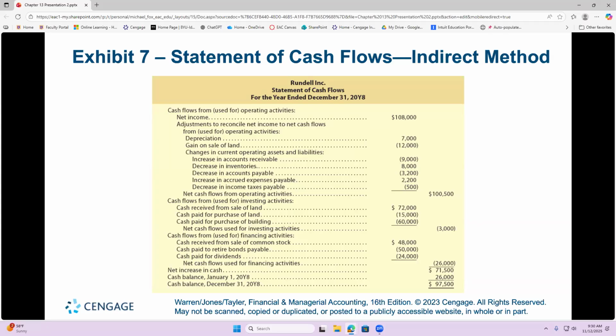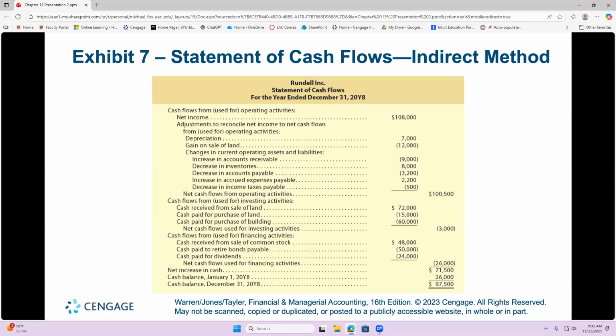And so then once we add up the cash flow from operating, subtract the cash payout for investing, and subtract the cash payout for financing, during this period, they ended up with $71,500 more cash than they had at the beginning of the period.